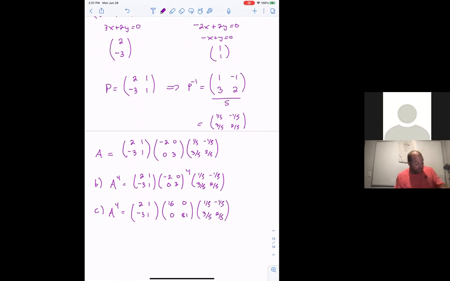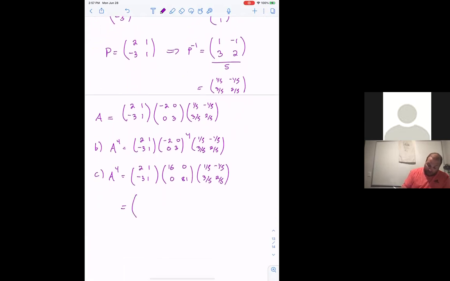Now, the problem ends here, but let's go ahead and just solve for this. So I get 32, 81, negative 48, 81. That was not horrible as a multiplication because it's diagonal. Made things really, really simple. Times, now what should I do here? Because I don't want to deal with fractions, I'm just going to pull out the 1/5.